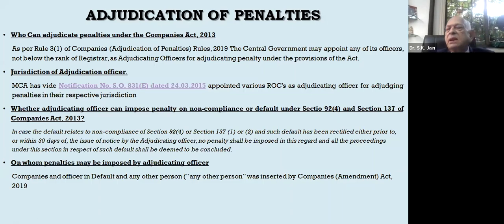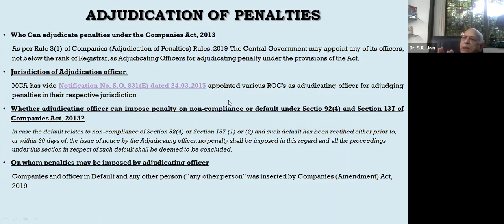So, adjudication of penalties. Section 454 deals with adjudication of penalties. In many cases, earlier the words used were fine or imprisonment, compoundable. Now, the words fine or imprisonment have been replaced with the word penalty in the process of decriminalization of offences. Earlier, because it was fine or imprisonment, both the RD and the NCLT could award punishment by way of imprisonment also.